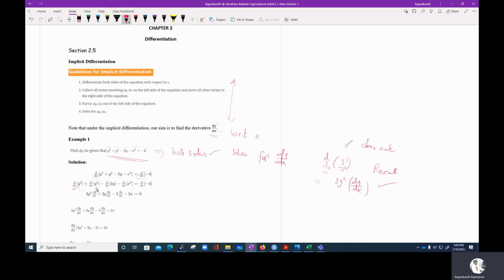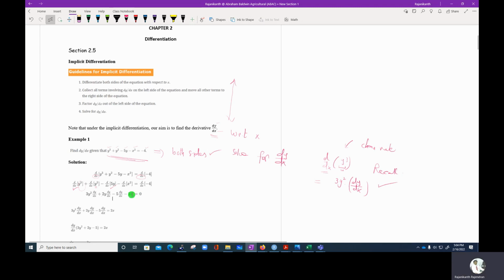If you use the power rule again for this term, the derivative of y squared with respect to y is 2y. But because of the chain rule, you have to take the derivative of the inside function y with respect to x. Now the third term: y is constant, the negative sign is here. You simply find the derivative of y, which is dy over dx.